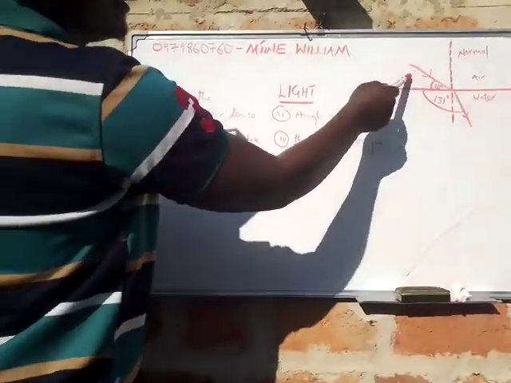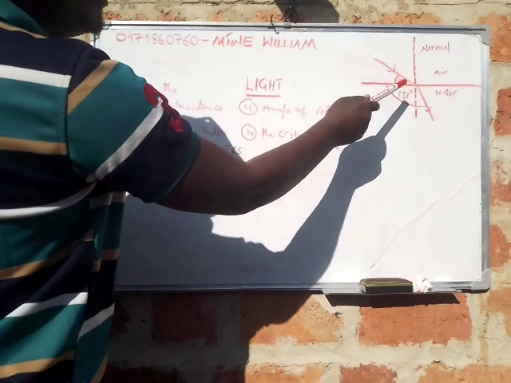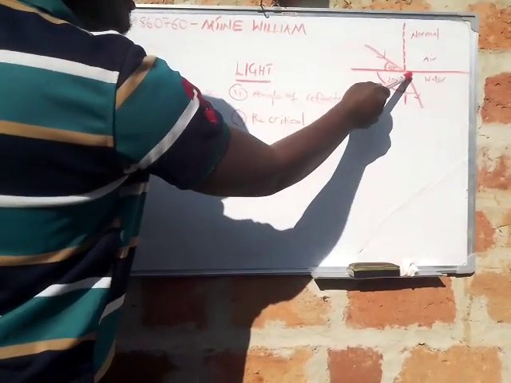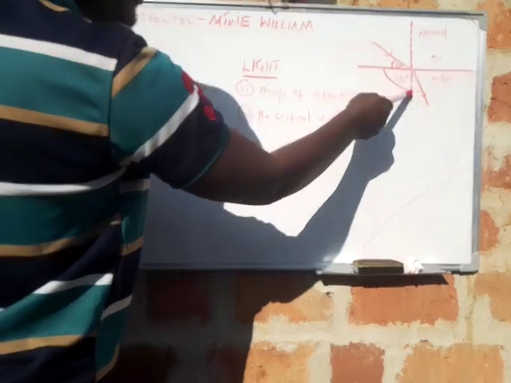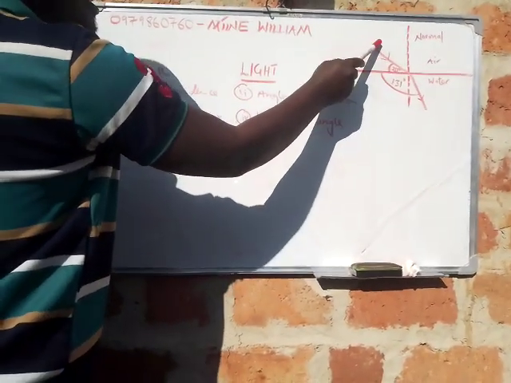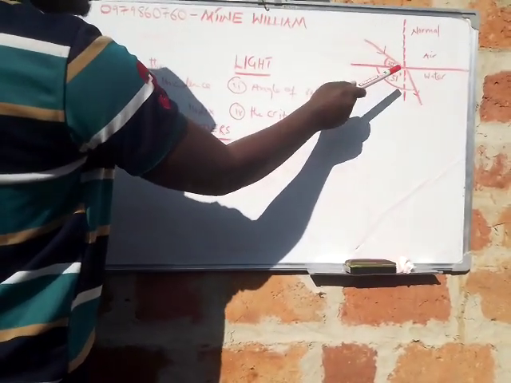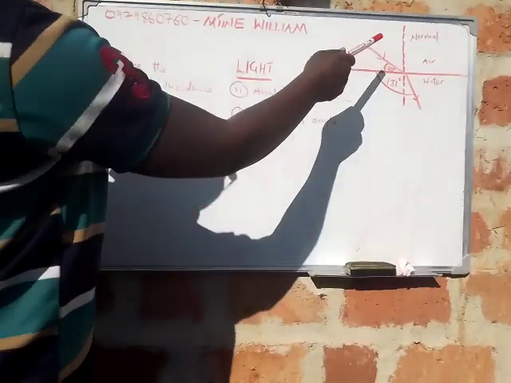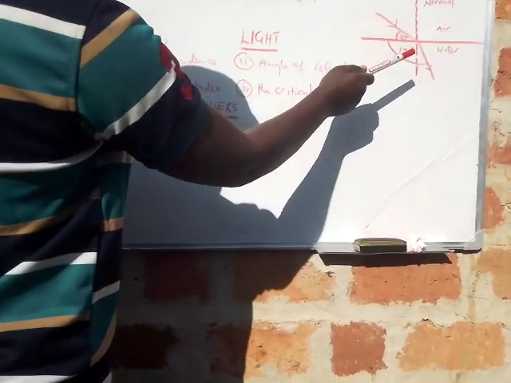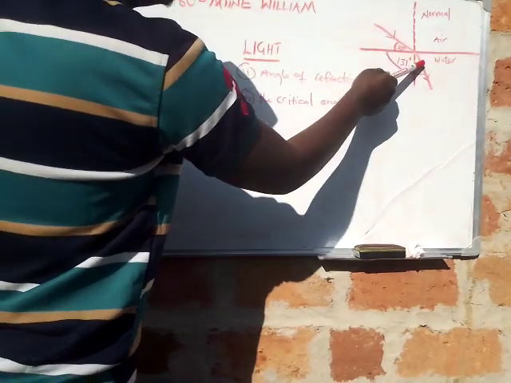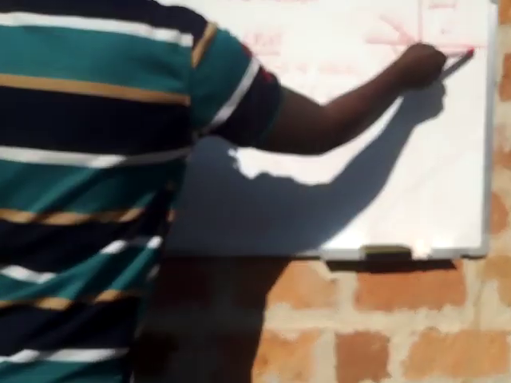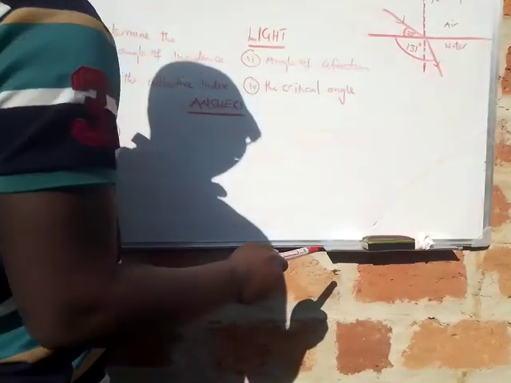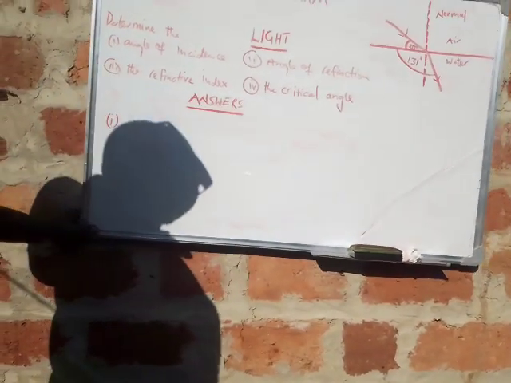Air is less dense than water, so the light bends towards the normal. If the light moves from a more dense to a less dense medium, it will bend away from the normal. That is the property we need to understand.